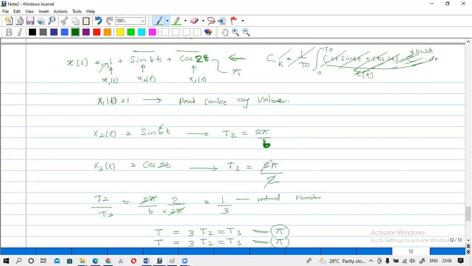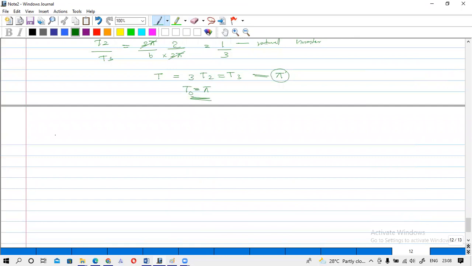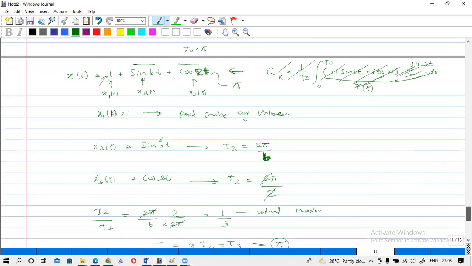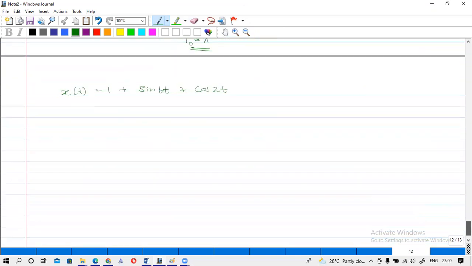We are given x(t) equal to sin 6t plus cos 2t. So this is a periodic signal, and T naught is 5.